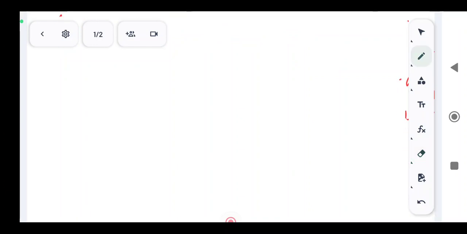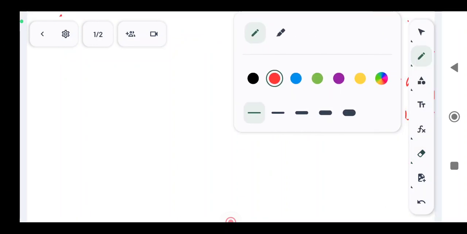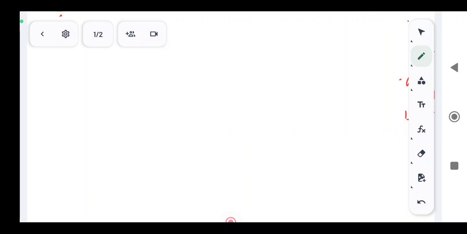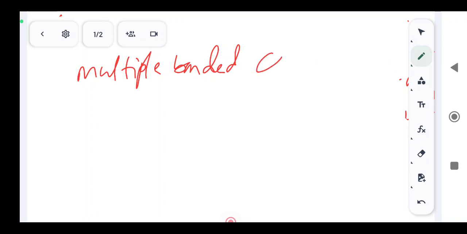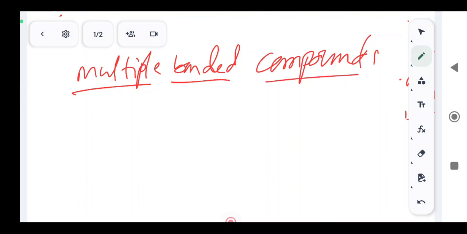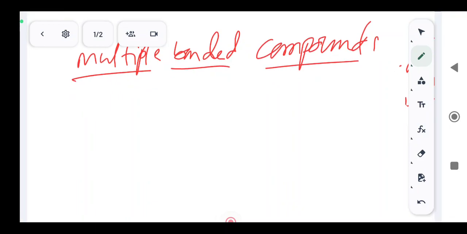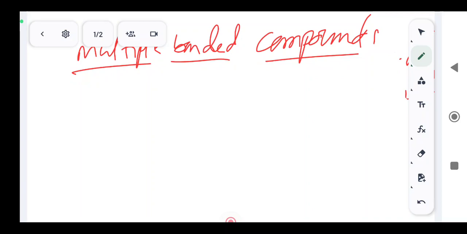Next, multiple bonded compounds, not similar or dissimilar, they won't distinguish like that.